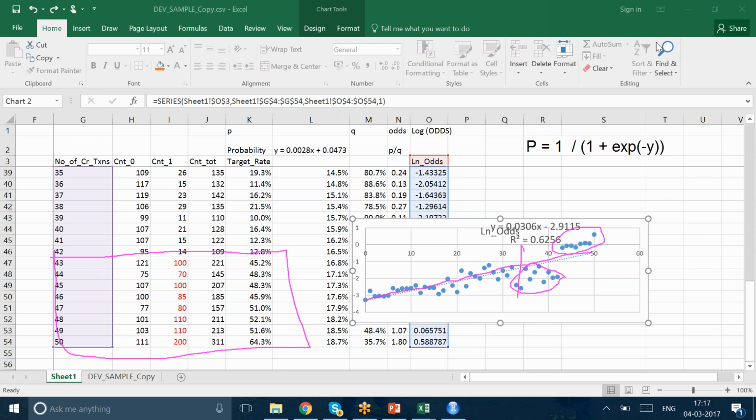Let me erase all these inks. I hope the concept is clear.